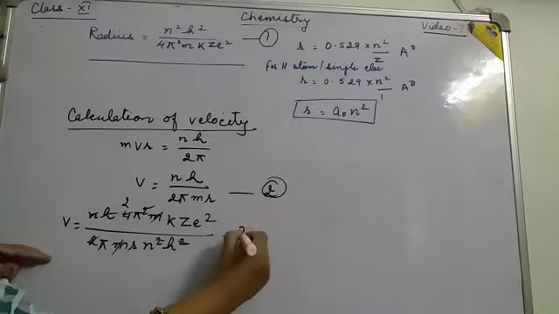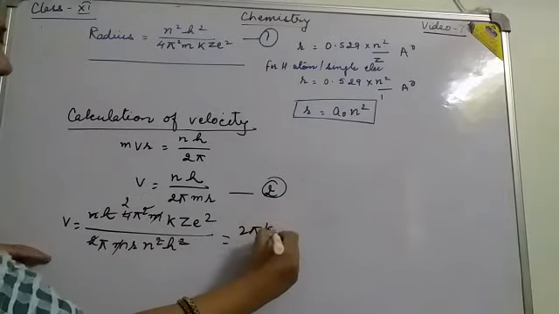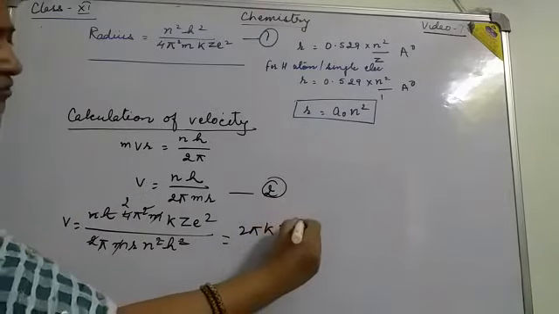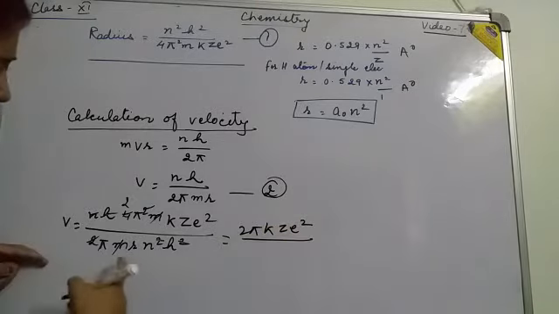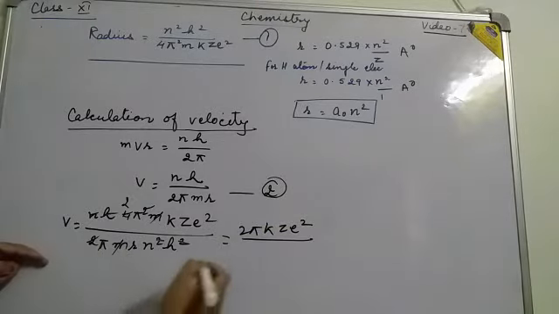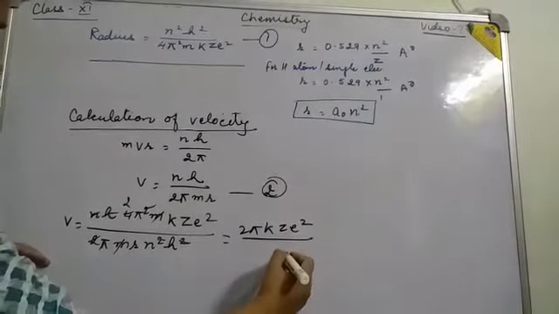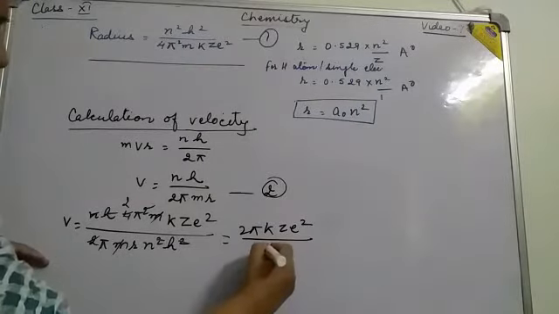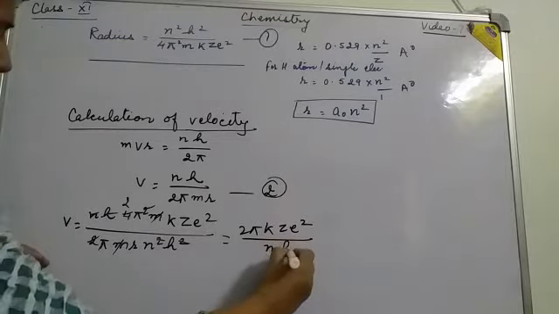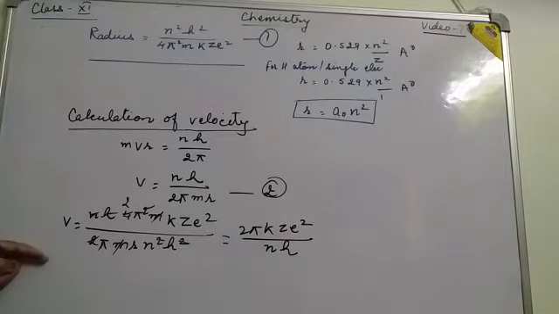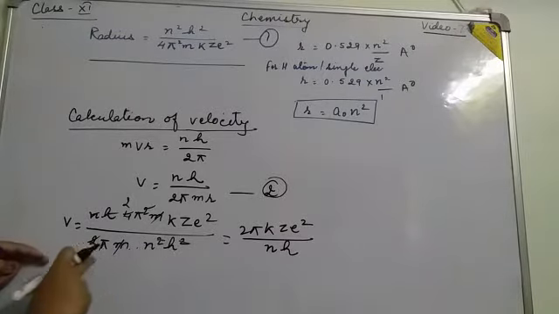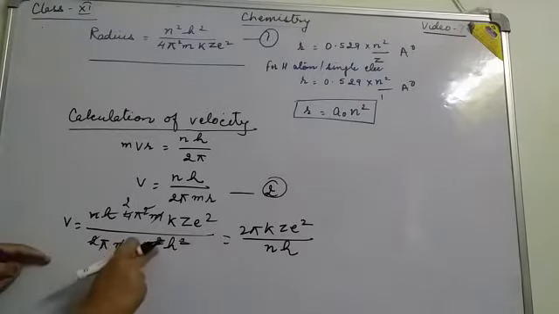So we have 2 pi k z e square by n h. We are putting the value of r here, so it is 2 pi m n square h square.